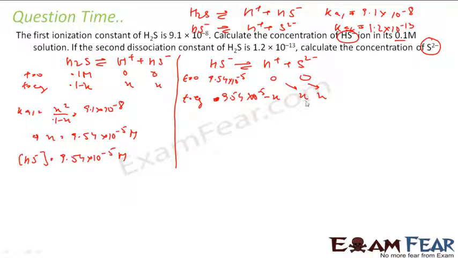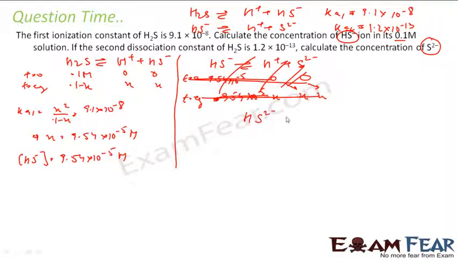Sorry, this is not right. At t equals 0, the H plus ions also have some value. Let me do it once again. We'll do the whole thing once again.